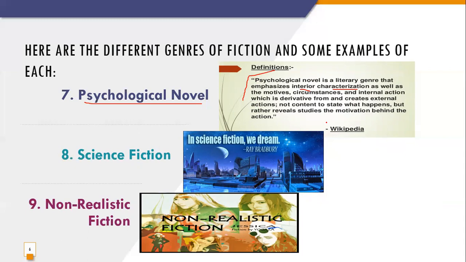That's why it's a psychological novel, because it shows what is behind their actions. So why does he kill people? Why does he rape people? It writes about his motivation or the real character of that certain novel. That's why it's called a psychological novel.